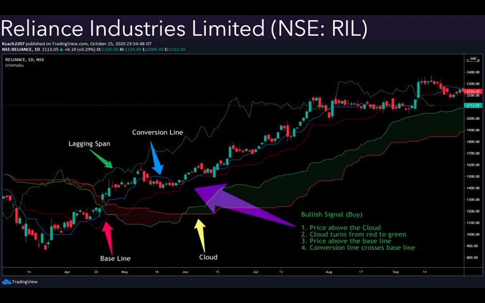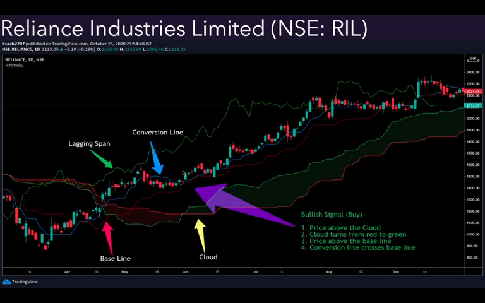So where do you see a bullish signal in this chart? Well, I have made it clear and easier for you. You can see the arrow at around this level, the cloud turned green from red, right? Now, this is a very important zone.